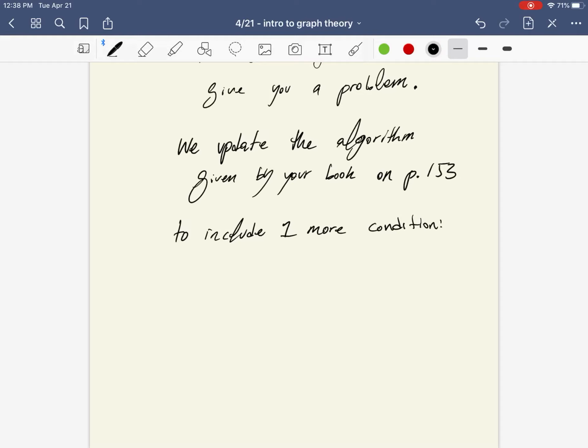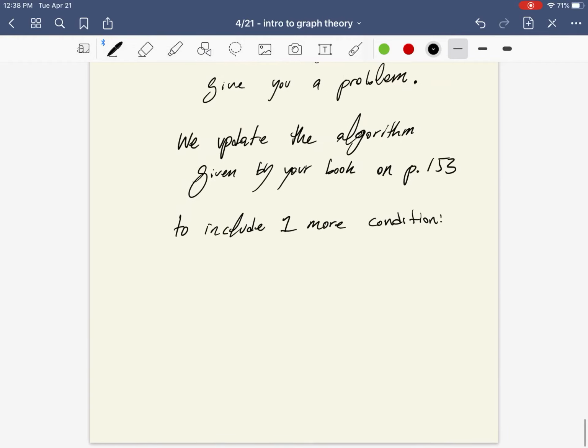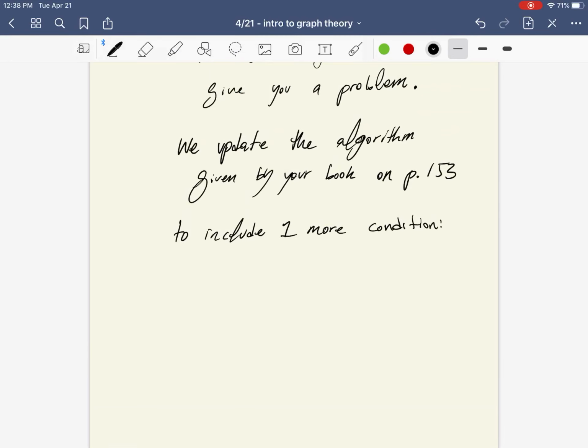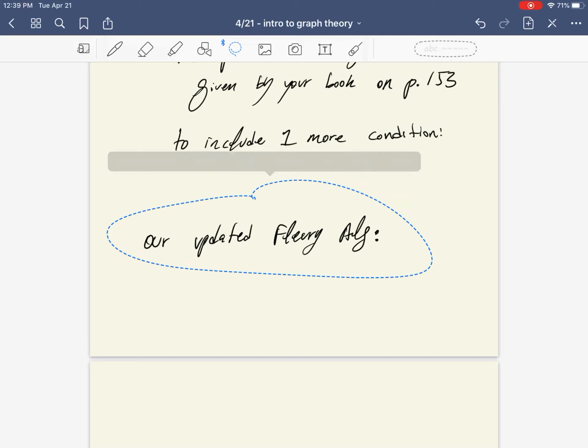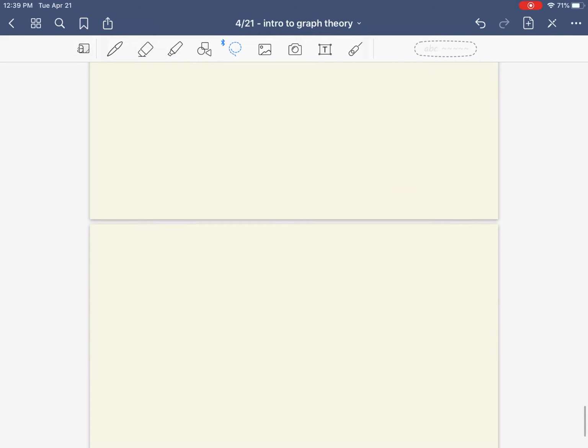Okay. I'll write it again. Our updated Fleury algorithm goes like this. I'm going to cut this actually and paste it over here.